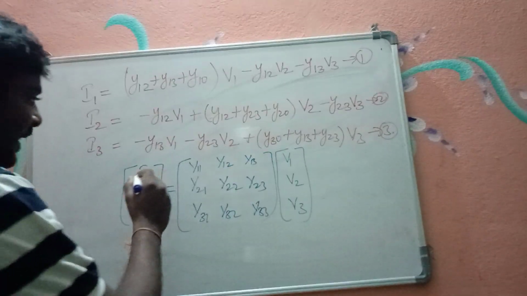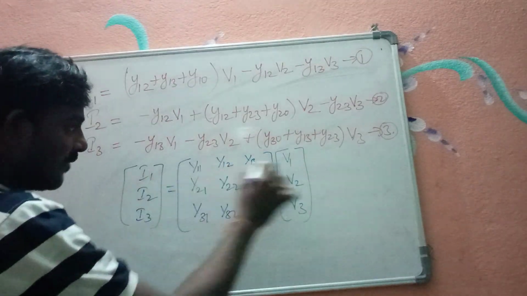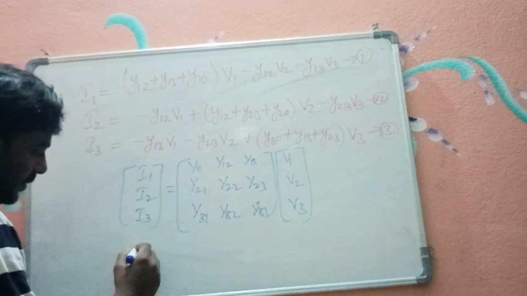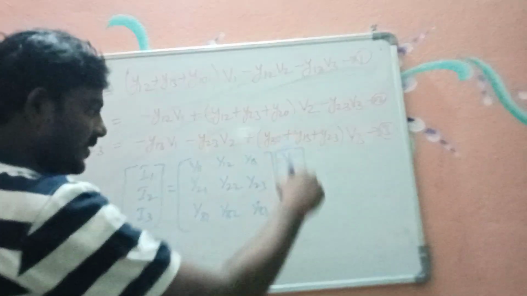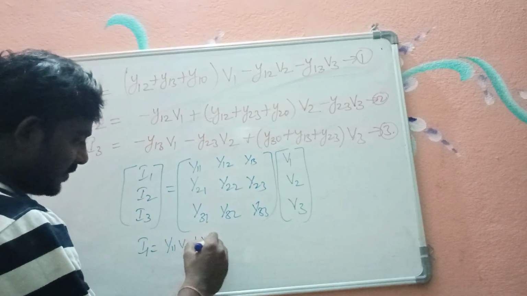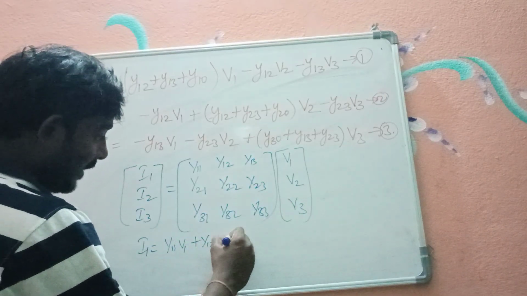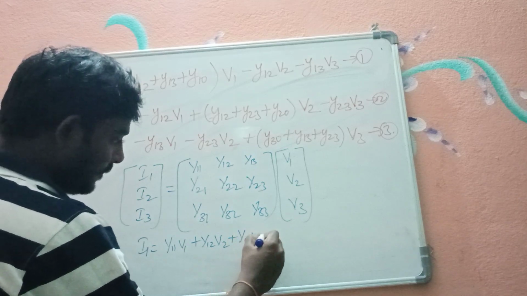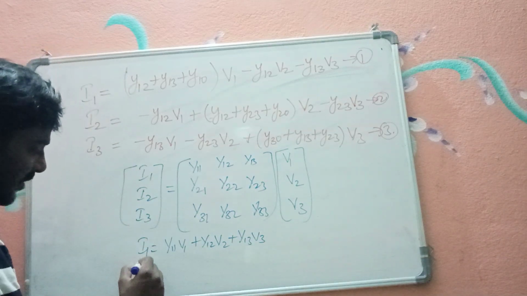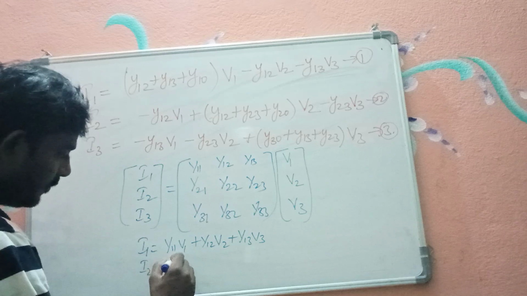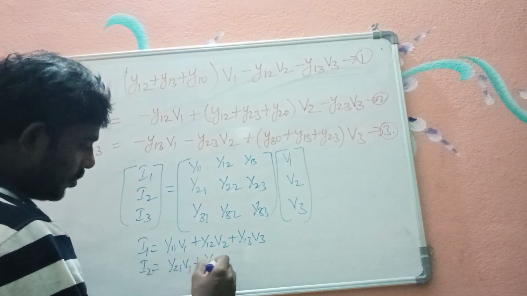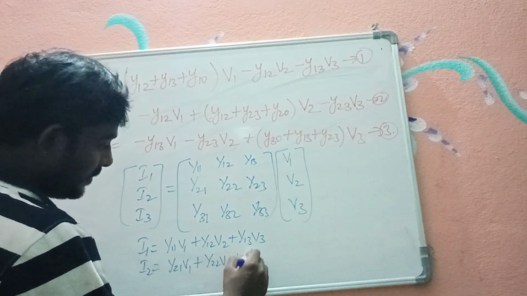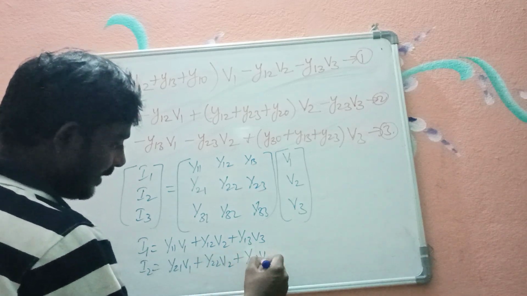Now, I can take the equations from this matrix, so that I get I1 is equal to, first row with first column, y11 V1 plus y12 V2 plus y13 V3. Similarly, for the second equation, I2 is equal to y21 V1 plus y22 V2 plus y23 V3.